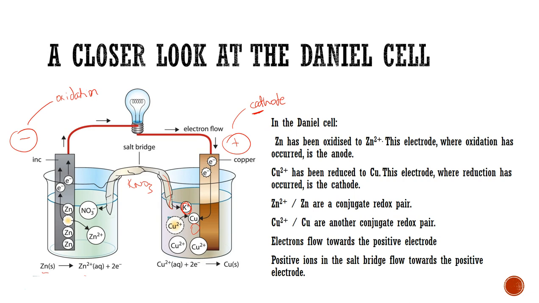Otherwise, if you think about it, we've still got our sulfate ions in here, and if we didn't balance out with more positive ions as the copper got reduced, we would get a buildup of negative charge in that half cell. And if it built up to negative charge, then the electrons wouldn't flow because they wouldn't flow towards a negative solution. So it's essentially to keep the net charge zero and close this internal circuit.